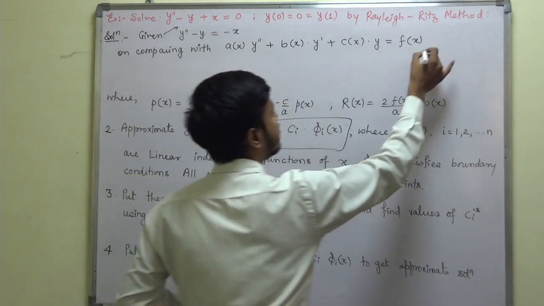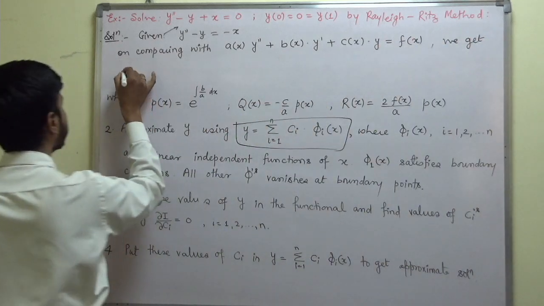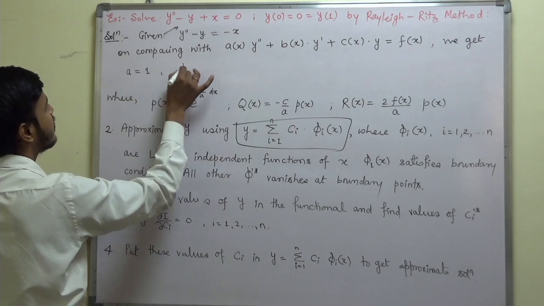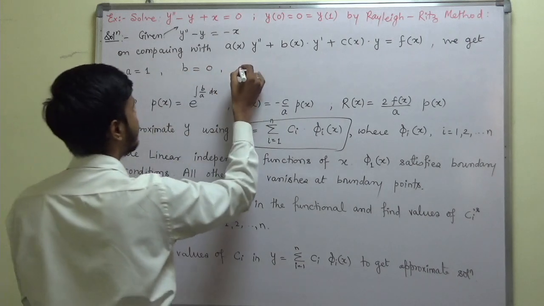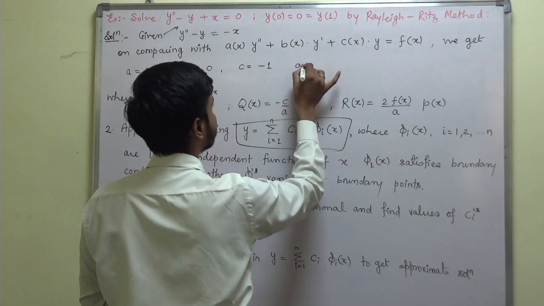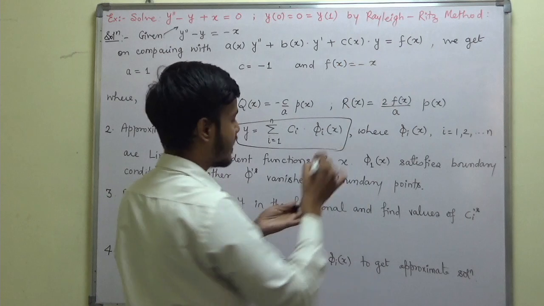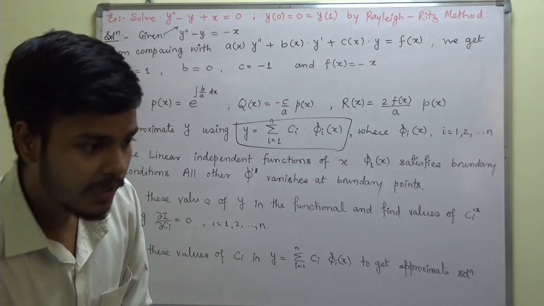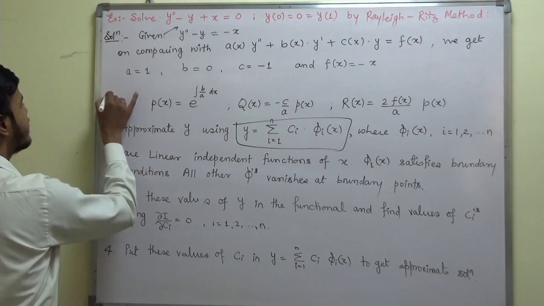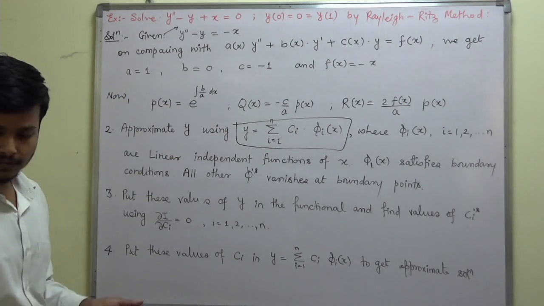On comparing with this, we get a is equal to 1, b is equal to 0, c is equal to -1, and f of x is equal to minus x. Now we find one by one all these things.